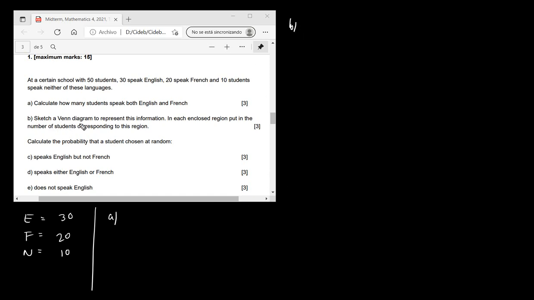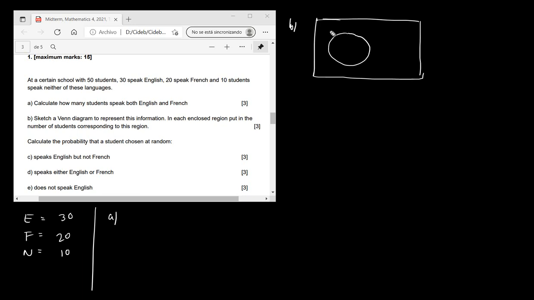B. Sketch a Venn diagram to represent this information. In each enclosed region, put in the number of students corresponding to this region. So this is the Venn diagram representing the whole school, and we have 50 students in all of this diagram. Let me draw a circle representing all the people that speak English.